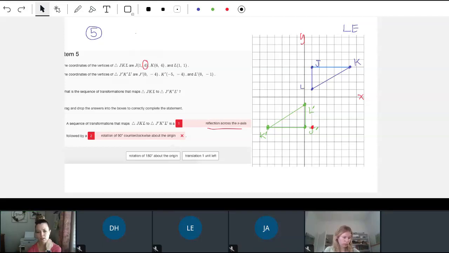Now I'm going to apply the second one and see where we end up. So this is the one that's a little harder. Reflections, I think, are a little easier. Rotations are difficult. So to do a rotation, what you do is you connect that point to the origin, to the point where the x and the y-axis cross. Which direction? Grab your pointer hands again. If I am right here at point J, or this would be J prime, if I go counterclockwise from there, which way should I be going?